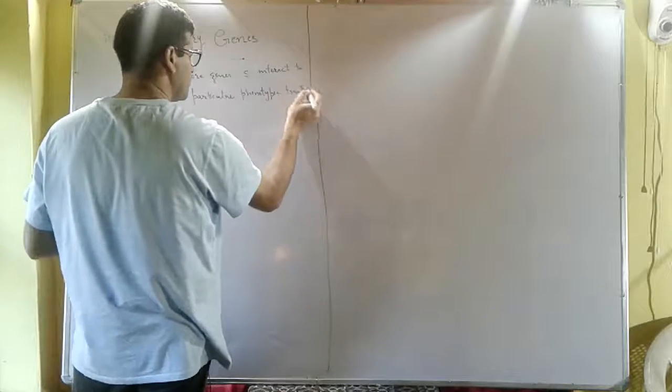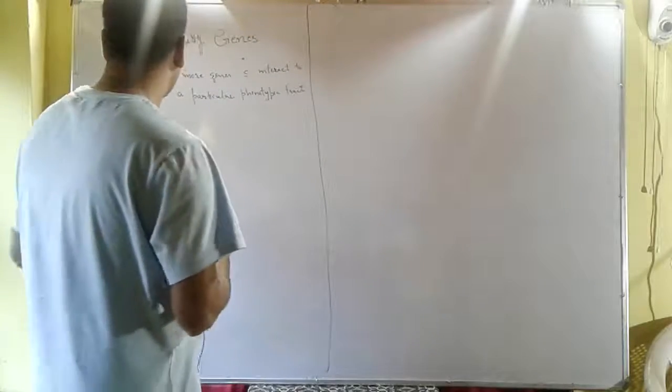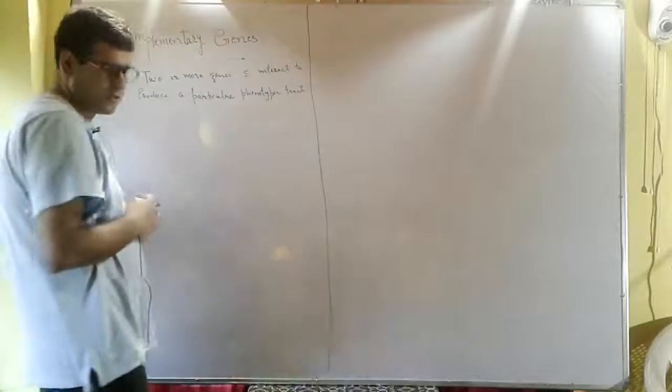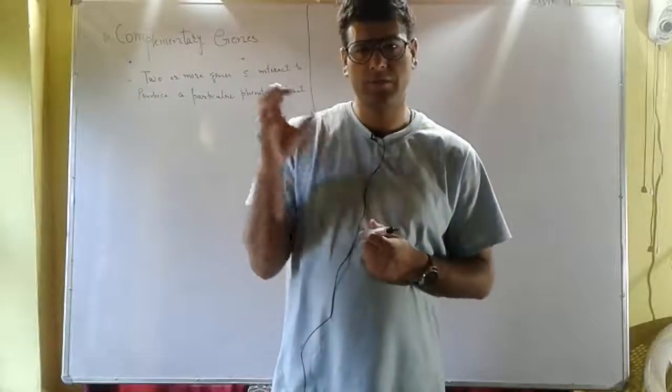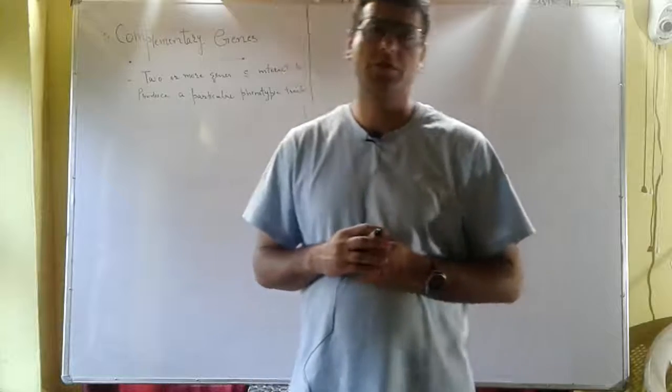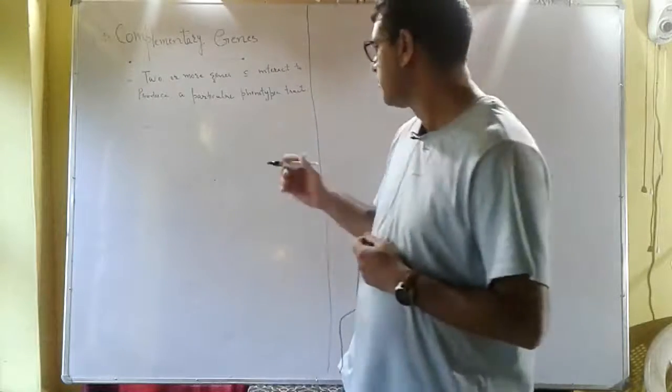They interact, two or more genes, to produce a particular phenotypic trait. That means complementation between two genes means that both genes are necessary or essential for the production of a particular phenotype.